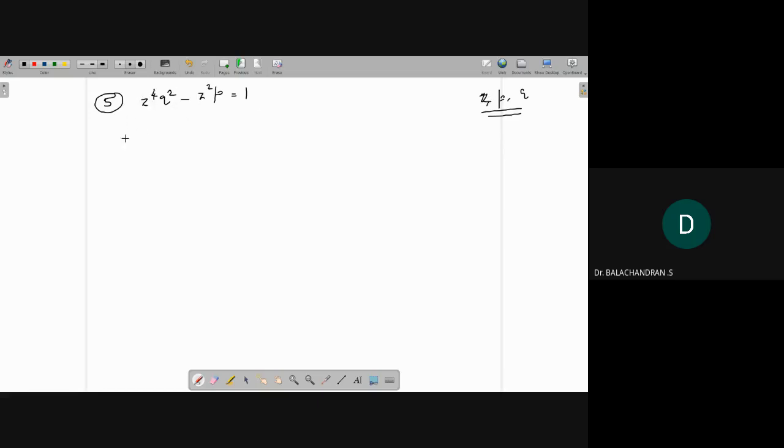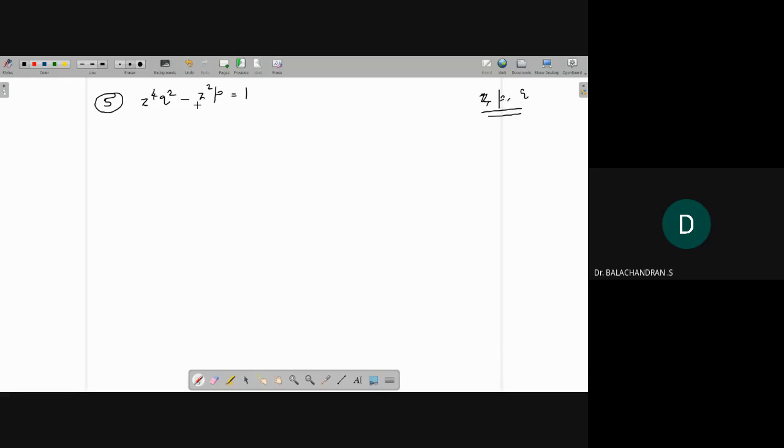So why can't we solve this problem in type 3? Because in type 3 you have z p q, x p q and y p q. So somebody will try this problem in type 3.